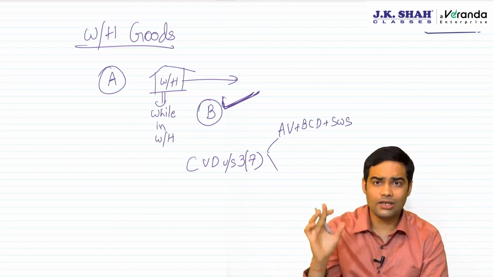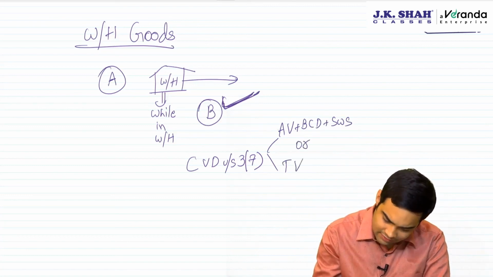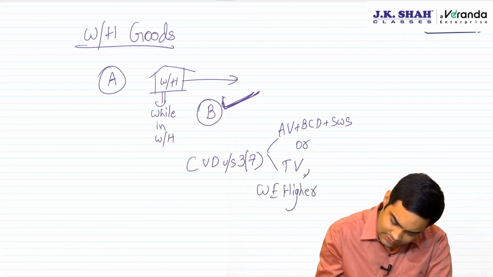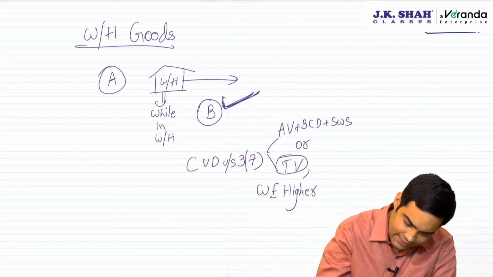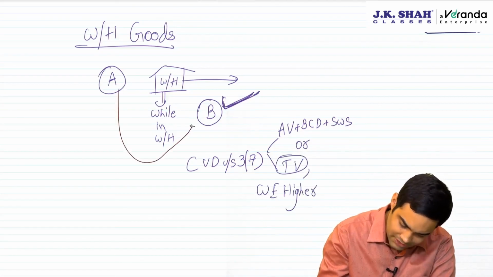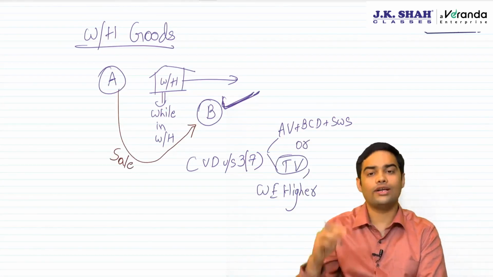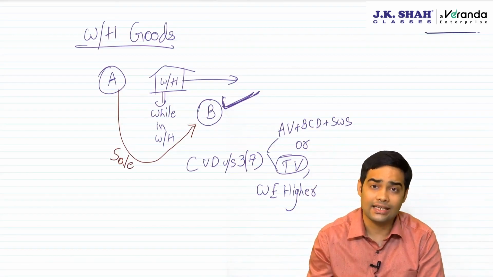This is your normal calculation for 3(7), or transaction value, whichever is higher. Now, what is this transaction value? This transaction value is the price at which A has sold the goods to B. That value or assessable value plus BCD plus social welfare surcharge, whichever is higher.